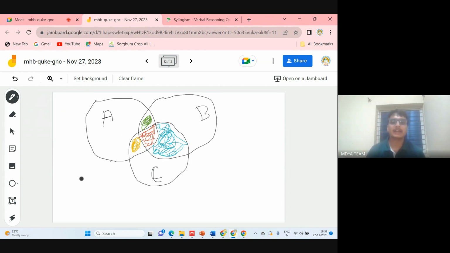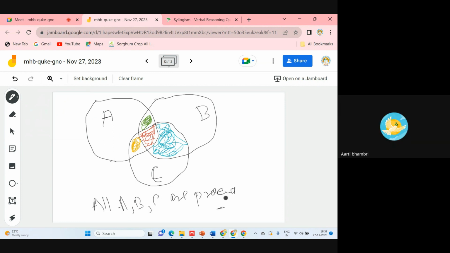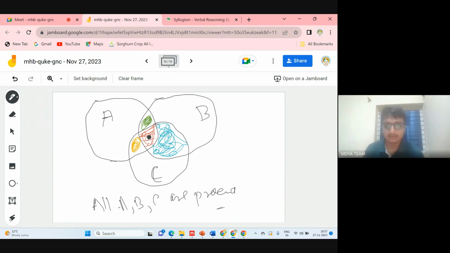You have to find that portion where A, B, and C are all present. Red. Red is the part where A, B, and C are present.